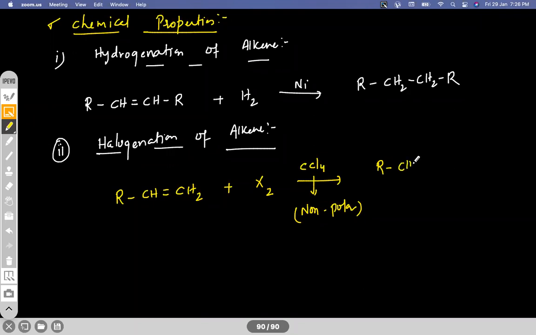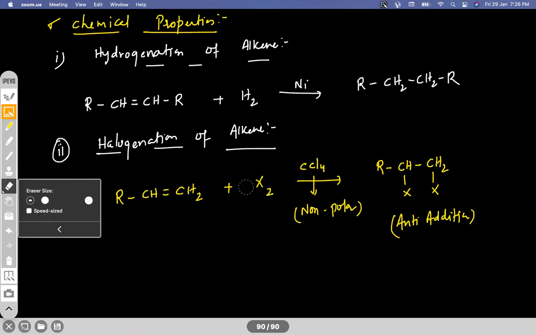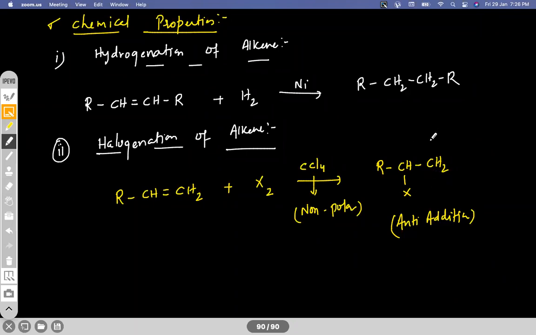So what happens? Both halogen atoms get attached to the double bonded carbon atoms like this. Here it is anti-addition. One halogen attached from below the carbon atom, the other one from the top, like this.